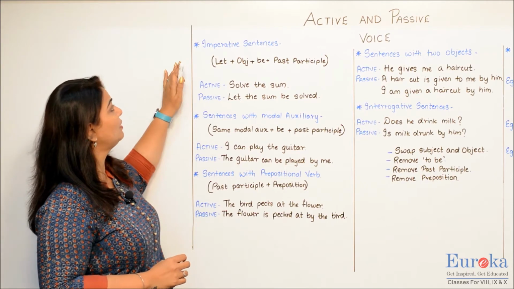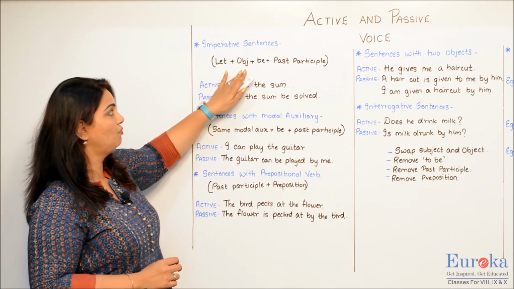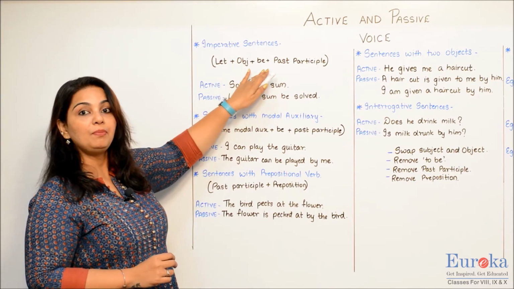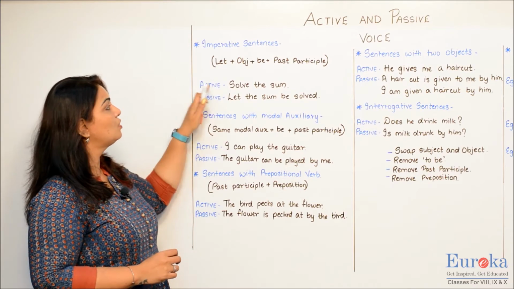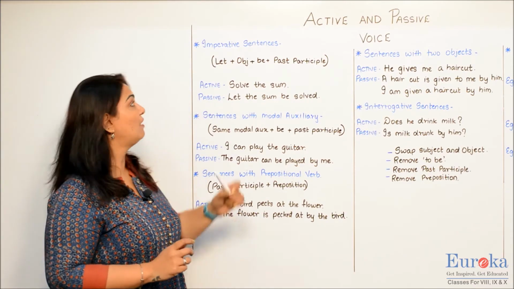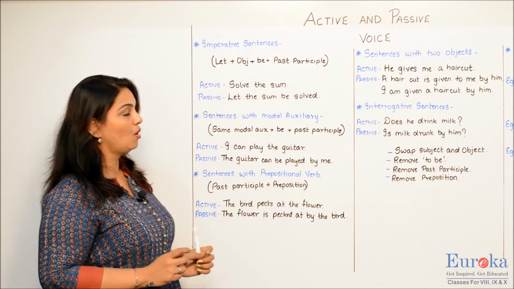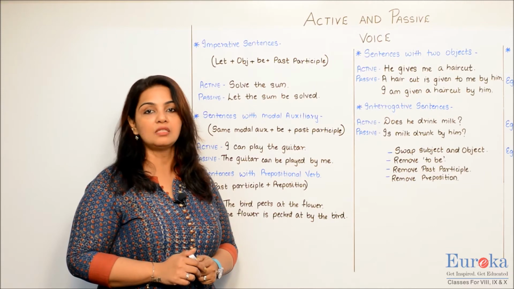Now, the formula for the imperative sentence will always be let plus object plus be plus past participle. Look at the example given. "Solve the sum." This is an active voice. The reason we have to use the word let is because many a times in an imperative sentence we do not have the subject.